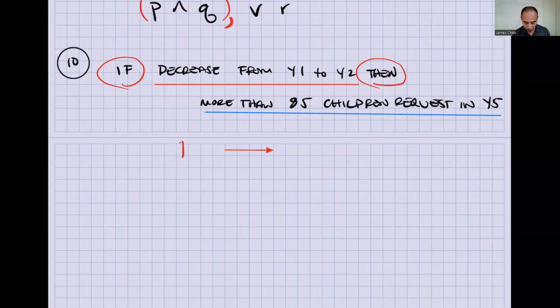I got false. Then, more than 85 children requested in year 5. Is that true or false? So if it's false, then false, what do I have? True. Is it A?